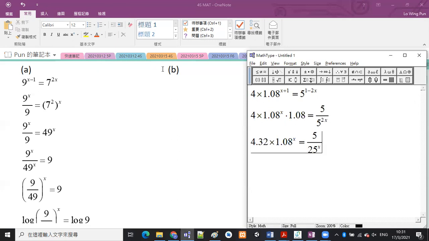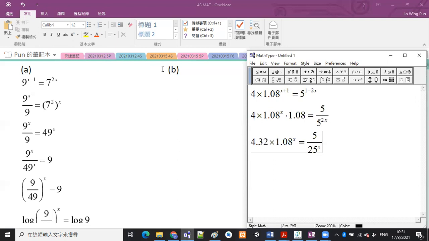Can you get this? Okay, and then I will move the x terms to one side and the non-x terms to the other side. So the 25 to the power x will be multiplied to the left. And then this 4.32 will be divided to the right.